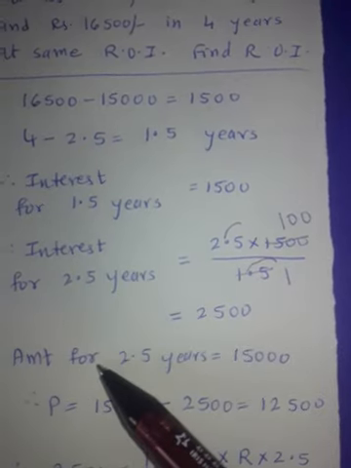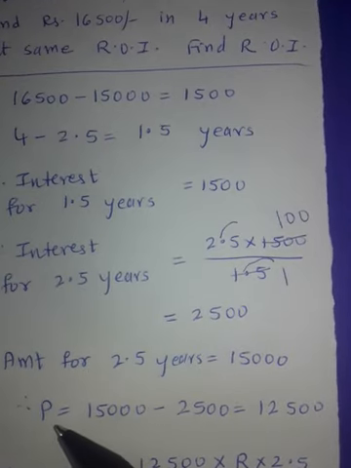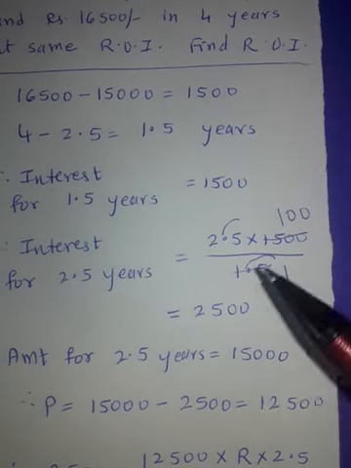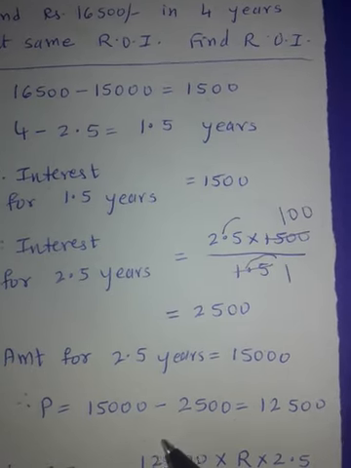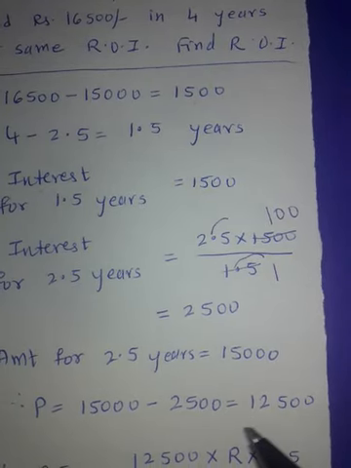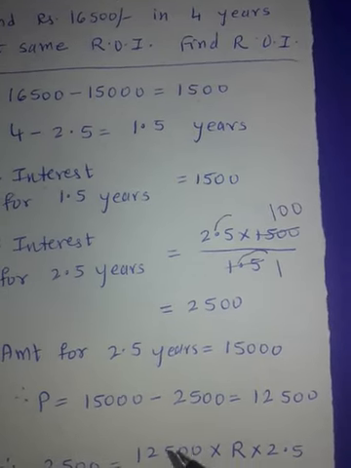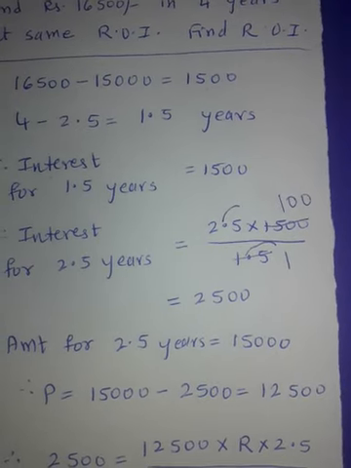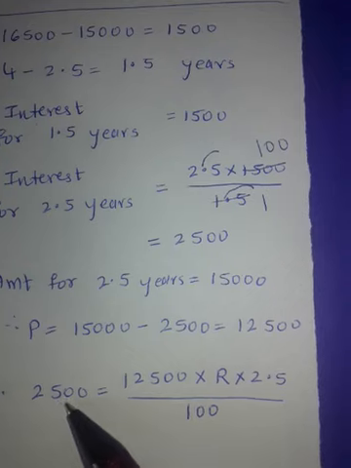What is the relation between amount, interest and principal? Principal is equal to amount minus interest. In part 1 we have seen it. Please watch it. So 15,000 minus 2,500, 12,500 is going to be the principal. So using this principal, now we will find the rate of interest.